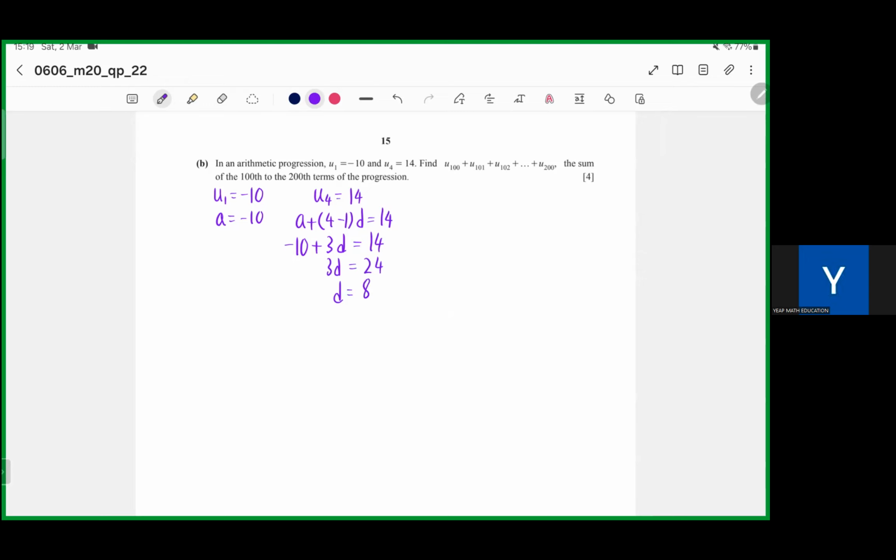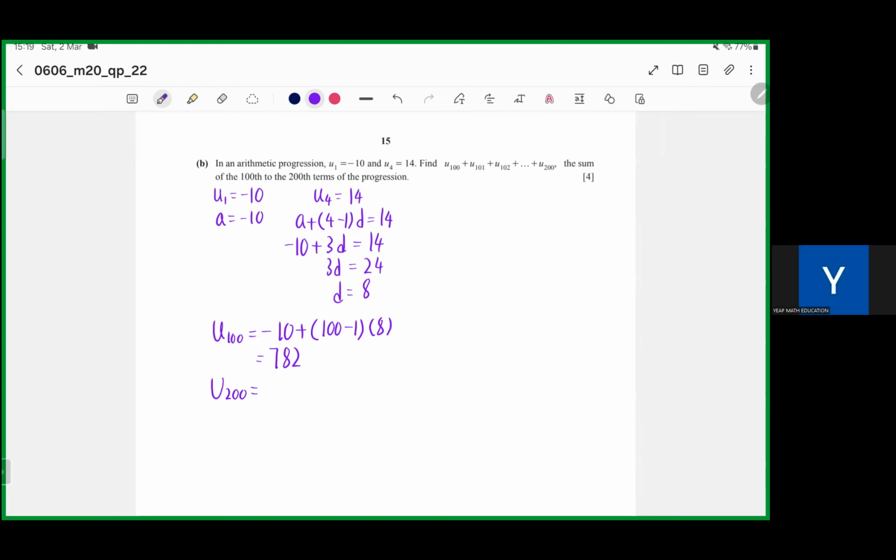Okay, but the question is how we need to find the sum from 100 until 200. Okay, now we can use u100 equals to negative 10 plus 100 minus 1 times 8. So equals to 782. Okay, now we look at the last term.